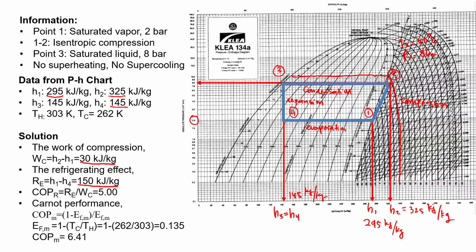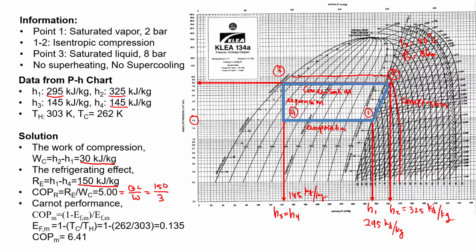Coefficient of performance equals QL divided by W, or refrigeration effect divided by the work of compression. This is equal to 150 divided by 30, so you get 5. For the Carnot performance, you need to find out the temperature.